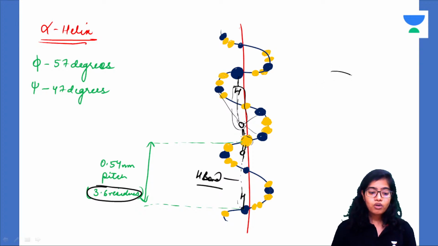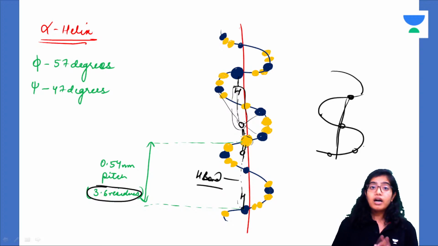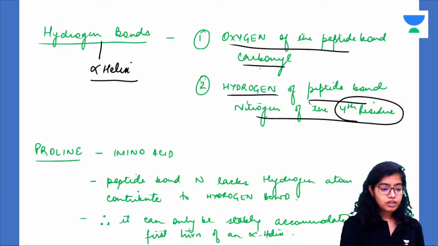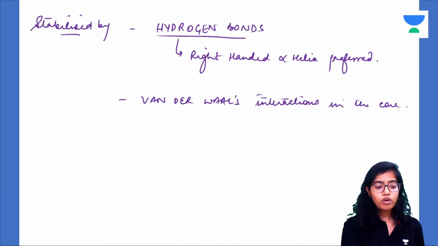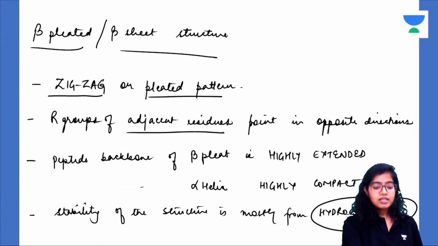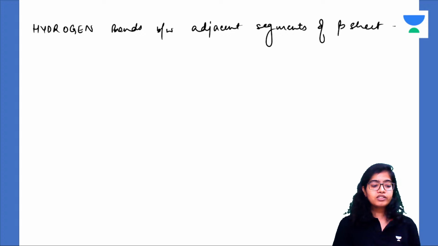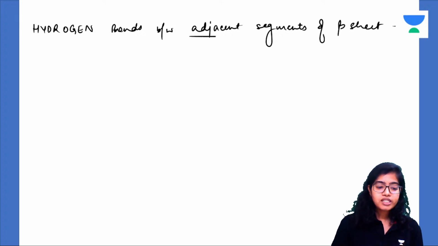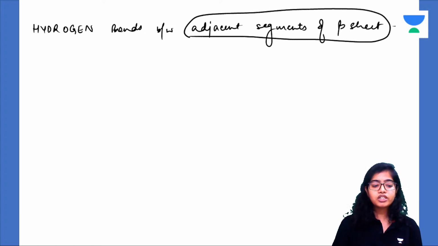Understood or not? 1, 2, 3, 3.6 residues per turn, so the fourth residue will be collinear with this. This is very, very important. So this is the type of hydrogen bond in alpha helix. Whereas the type of hydrogen bond in beta pleated structure is hydrogen bond between adjacent segments of the beta sheet. How?